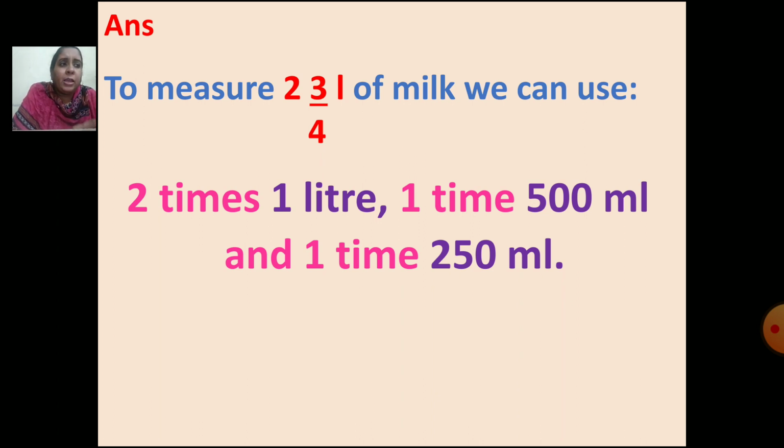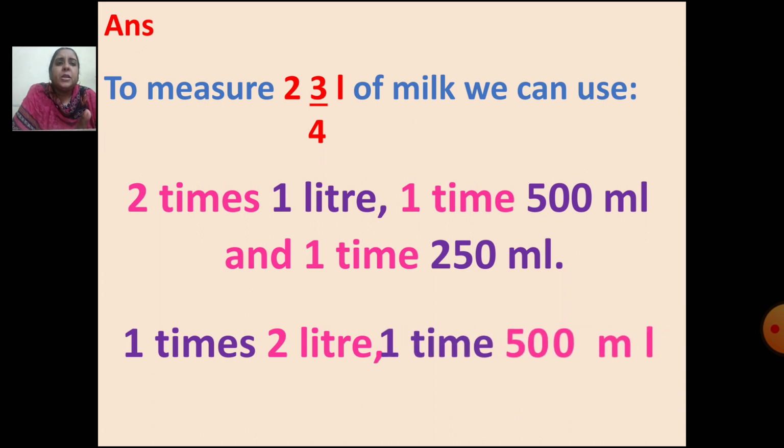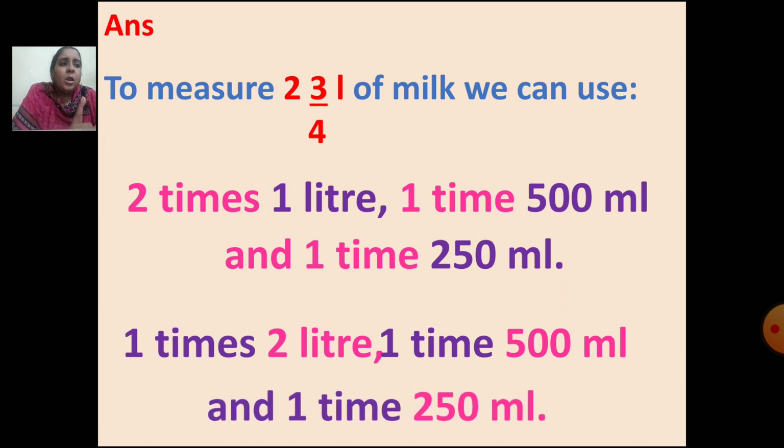What is the other way? Or you can use 1 time 2 liter, 1 time 500 milliliter, and 1 time 250 milliliter. That is, you can take only once 2 liter.